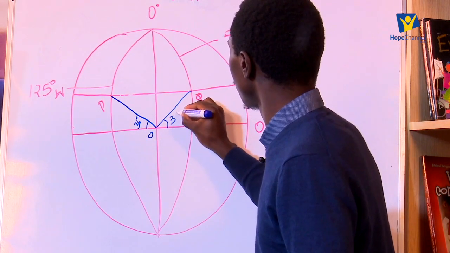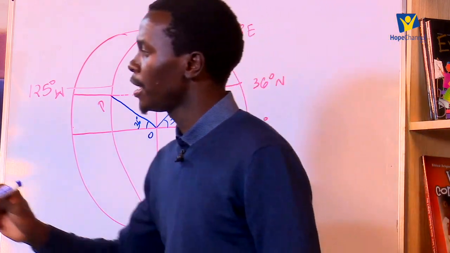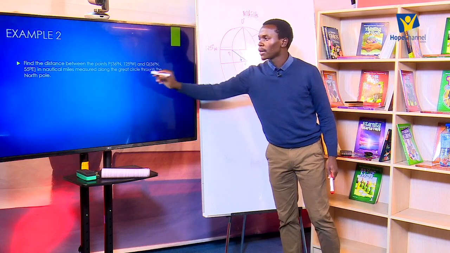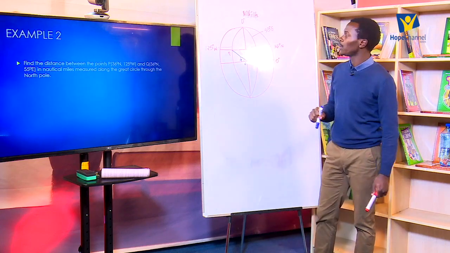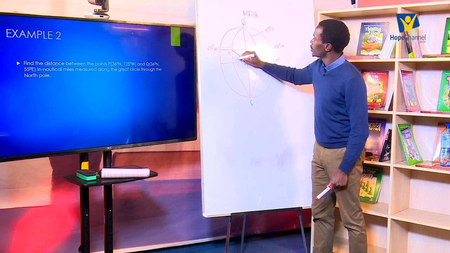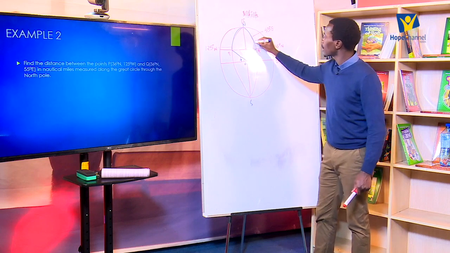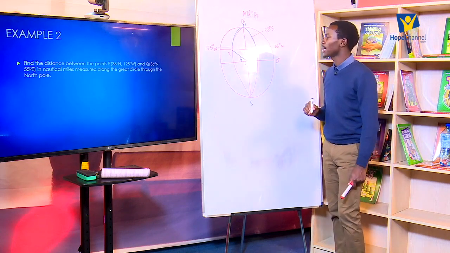This is the angle 36. So the question asks that it is measured along a great circle through the North Pole. Now remember, this is the south and the north right there. So we are asked to find the distance along that arc.